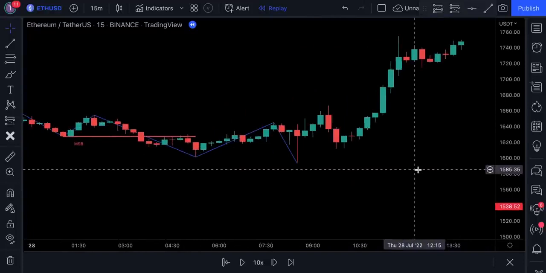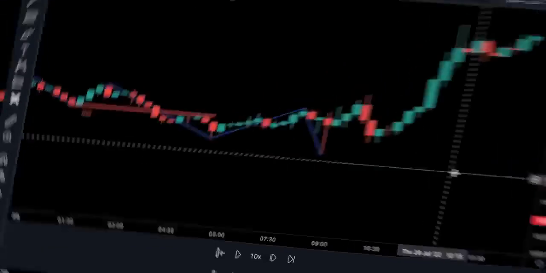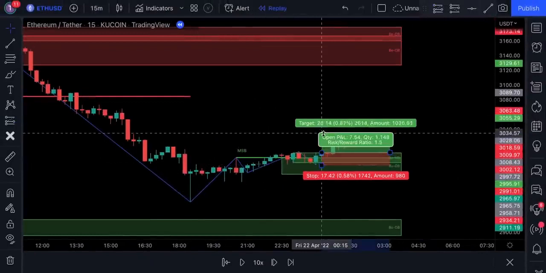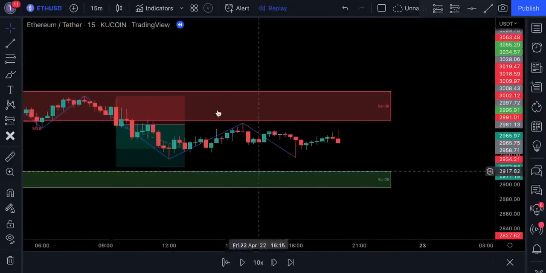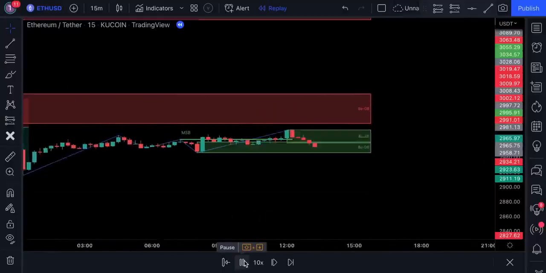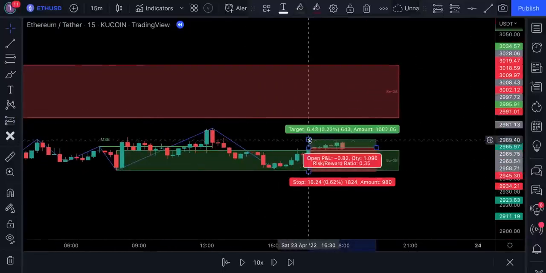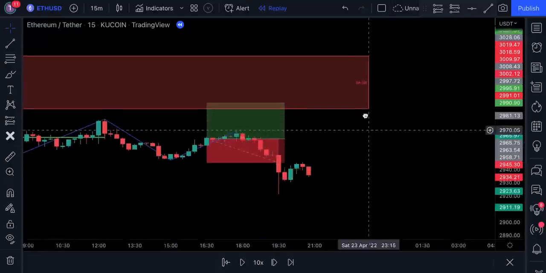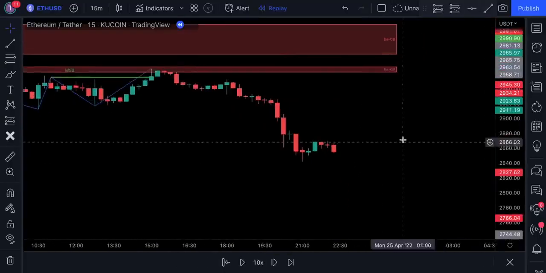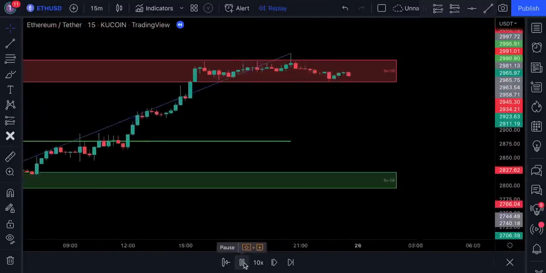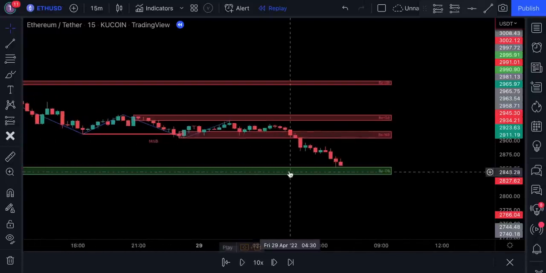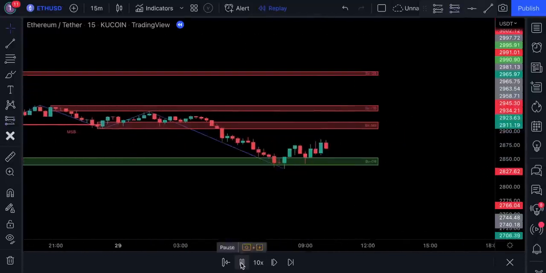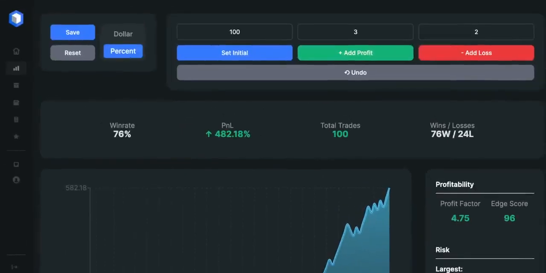Okay, now let's move on to the second backtesting to see if the results are any better. Alright, right away we can see that the win rate has increased to 76%.